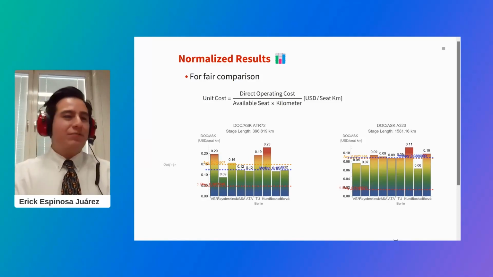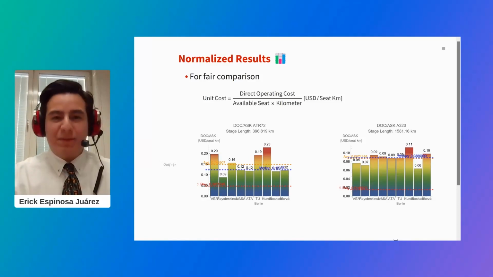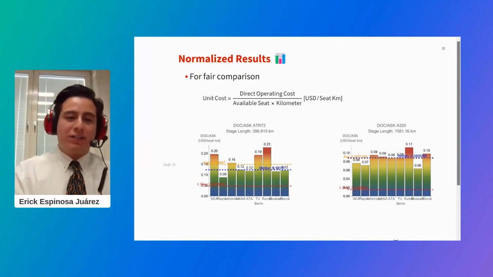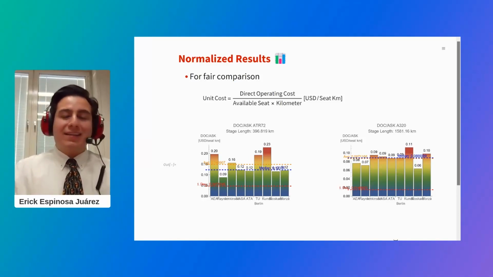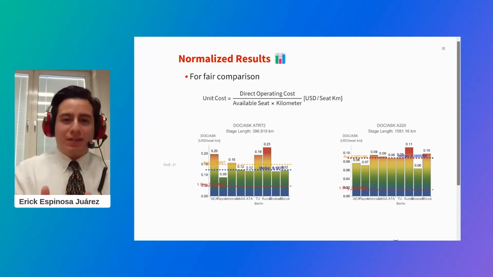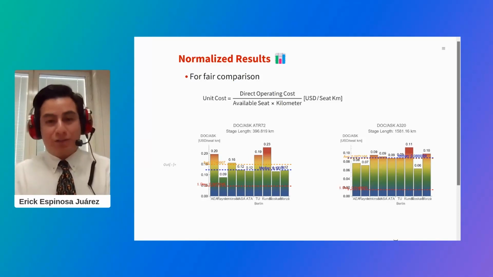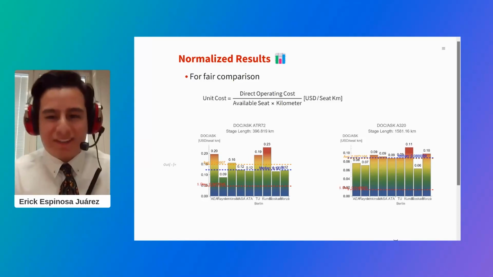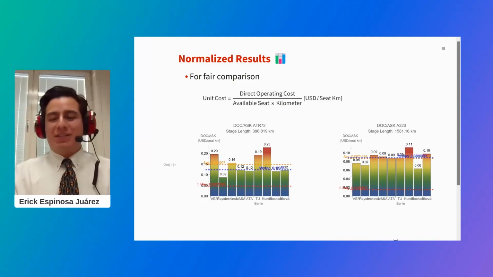This one you can apply to any airplane, big or small. And then you get this kind of normalized result in dollars per seat kilometer. The same pattern: for the small airplane, short mission, there's a huge disagreement. On the second one, there is better agreement.